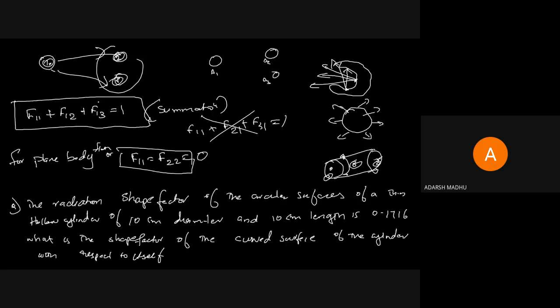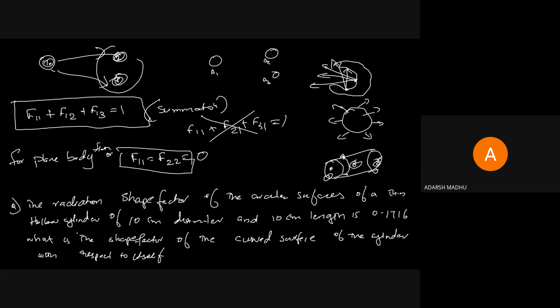The problem gives the radiation shape factor from one circular surface of a thin hollow cylinder to the other end. Therefore F12 is given as 0.1716. F12 is our normal shape factor from one surface to another surface.